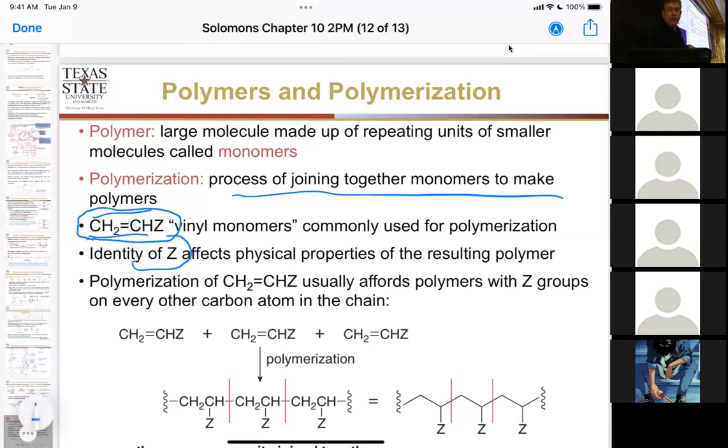The Z affects the physical properties of the resulting polymer. If Z is hydrogen, that makes ethylene. Anybody ever heard of polyethylene? Ethylene's a gas. You double that up, that's butene, butadiene, that's a liquid.